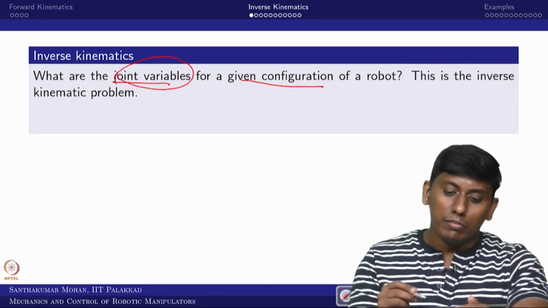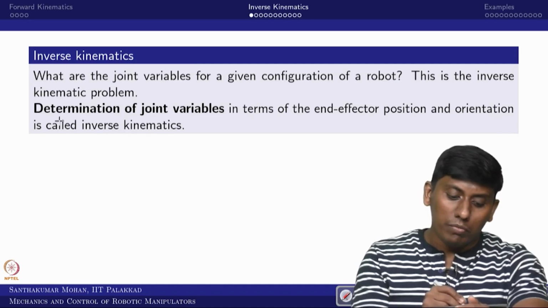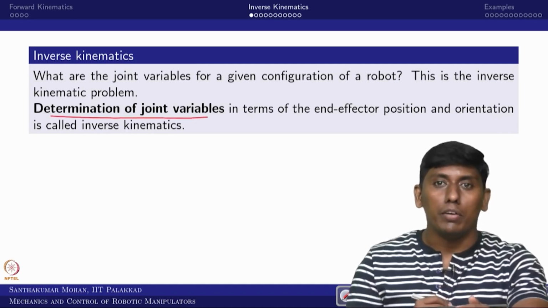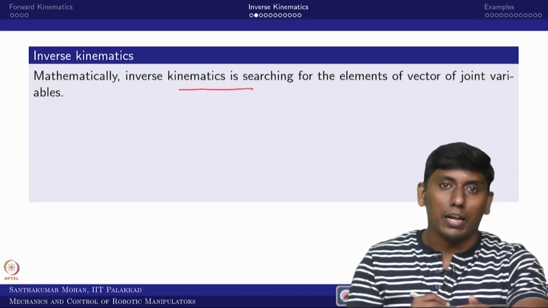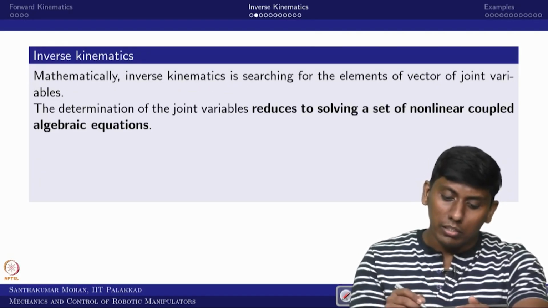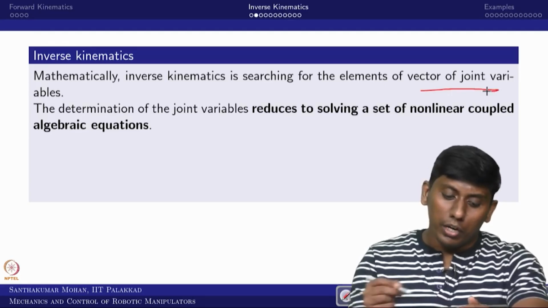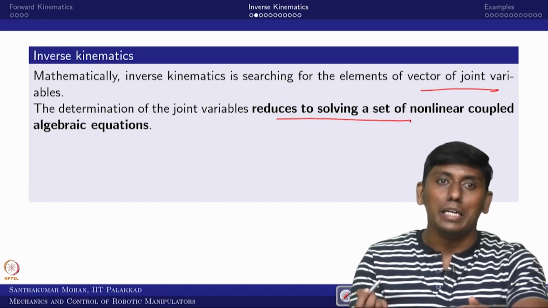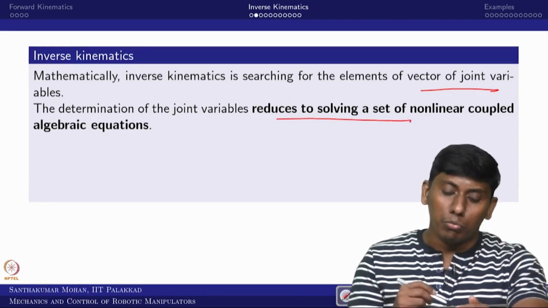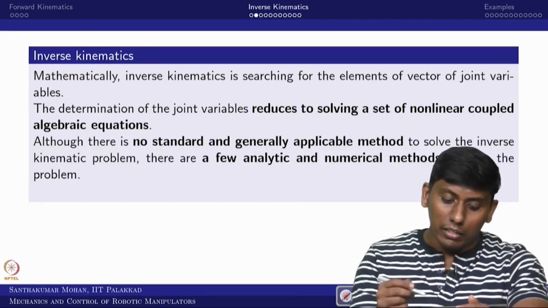So, this is the inverse kinematic problem, in the sense we are trying to determine the joint variables for a given end effector position and orientation. Mathematically, we are trying to search the joint variables, which reduces to solving a set of nonlinear coupled algebraic equations. Why it is so, I will write later on.